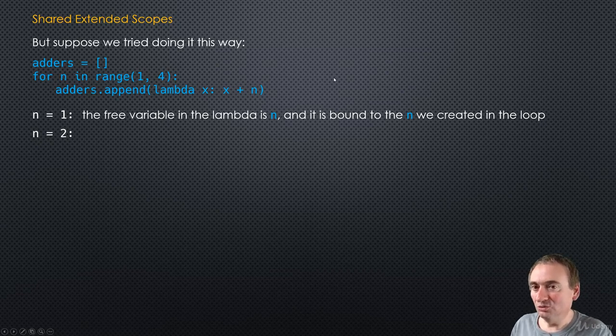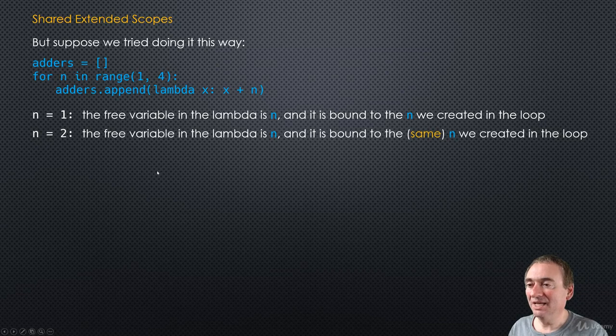So it's bound to the same n we created in the loop, but n equals 2 now. We set n equal to 2 in the outside scope. But all it does, remember, is change the indirect value. The direct pointer of this n and this n, created in these two different iterations, is all pointing to the same cell.